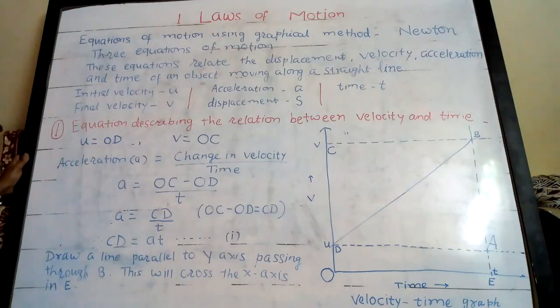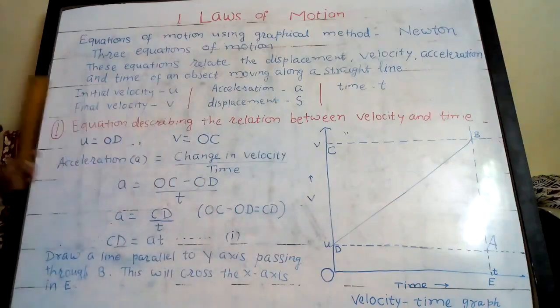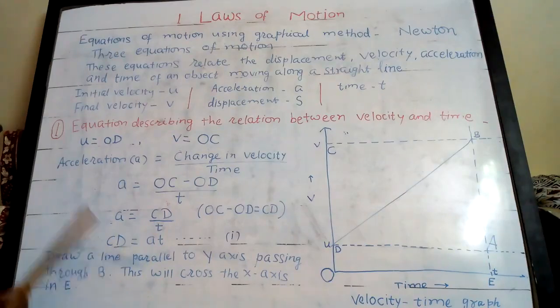Now the graph is shown in front of you. What is given there? The car is moving. The initial velocity of the object is u and the final velocity of the object is v. Then you have to calculate the acceleration.